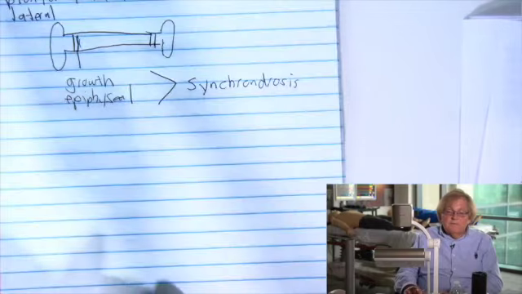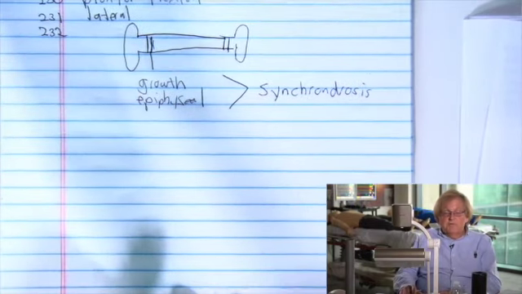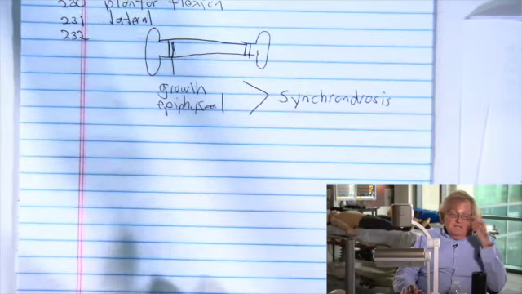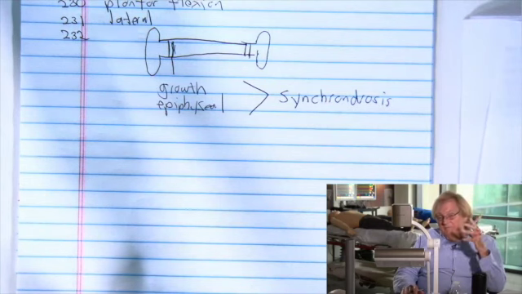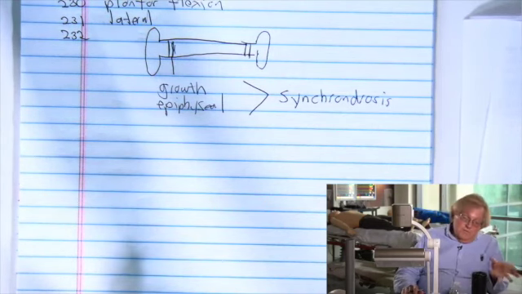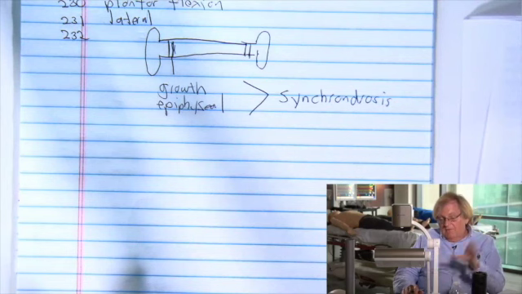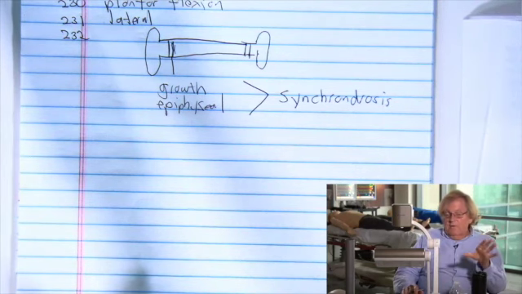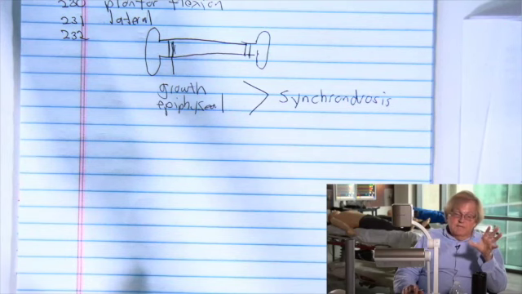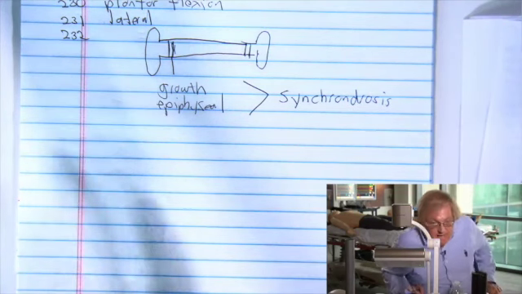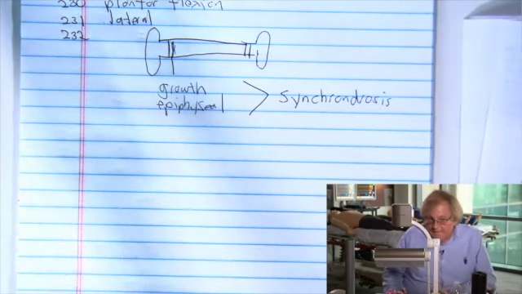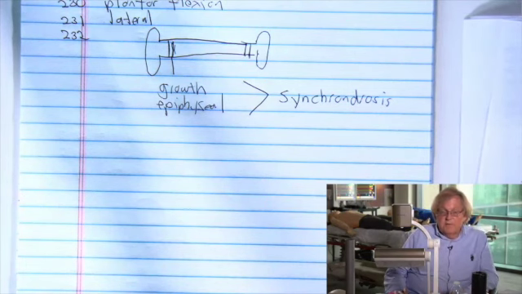So a synchondrosis is a temporary joint because, think of the example. The 45-year-old man gets on a skateboard. The 15-year-old kid is on a skateboard. They both fall down. The 15-year-old gets up, dusts himself off, and goes on his way. The 45-year-old ends up having $150,000 of reconstructive surgery with pins and rods and probably 2 years of physical therapy.